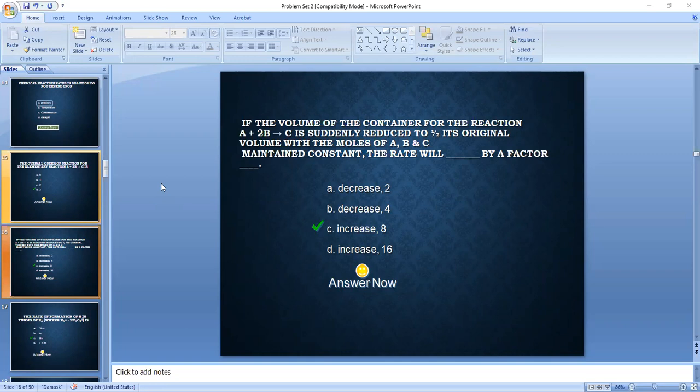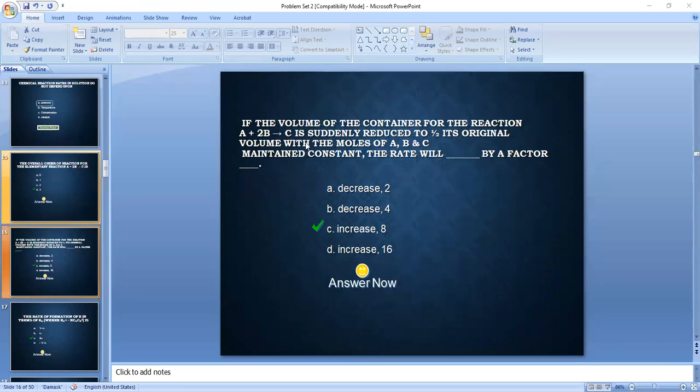Okay, so what you remember, Jobern, has something to do with a first order reaction, doubling it will be having a formula of 2 raised to n. It will increase the rate by 2 raised to n.